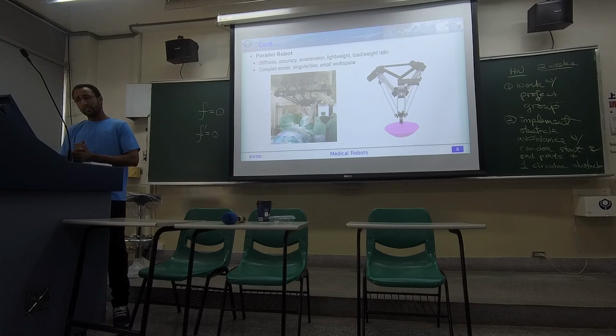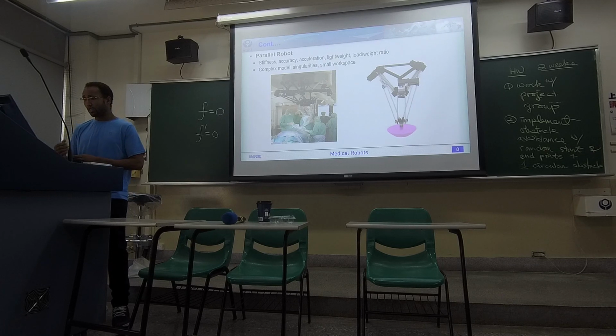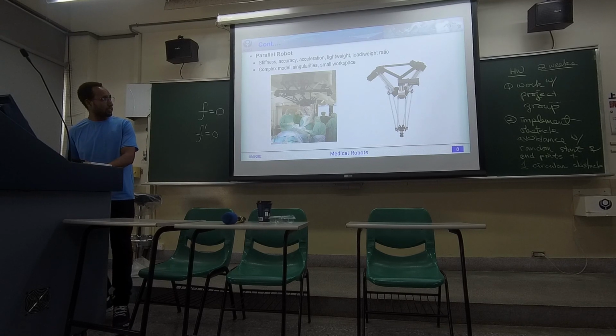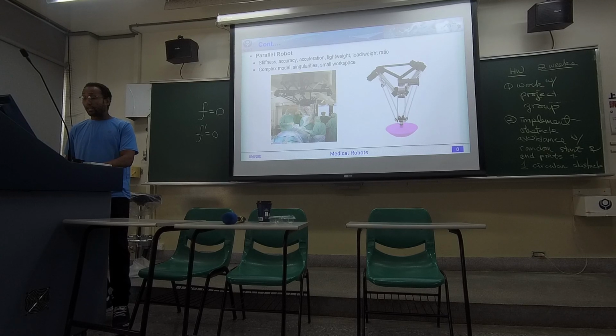Singularities are fewer, and we can get a small workspace with this type of robot design, and this parallel architecture is common in surgical robots. As you can see in the video, we can just move in every direction.